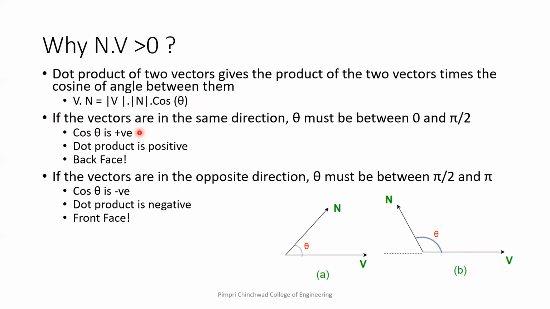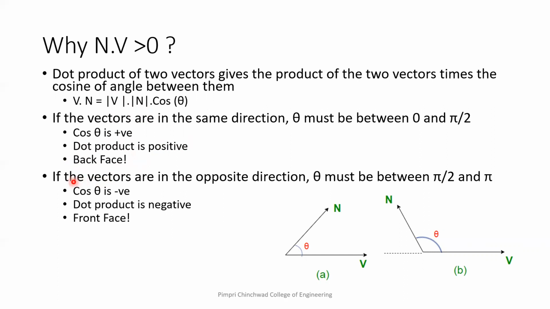So if the vectors are in the same direction, then theta must be between 0 and pi by 2. That means in the first quadrant, cos theta is positive. So if cos theta is positive, the dot product altogether will be positive because the magnitudes of v and n do not have any sign, right? And so we will be saying the face is a backface.